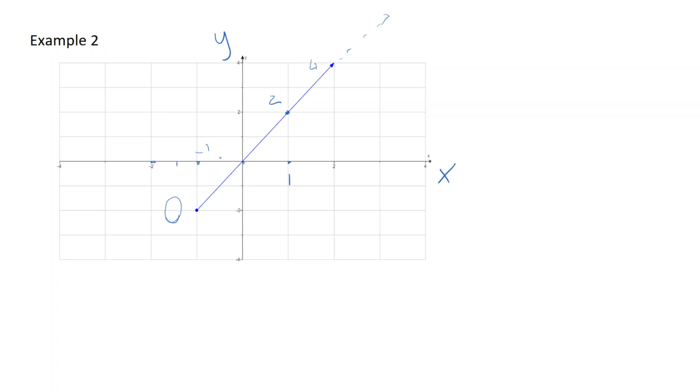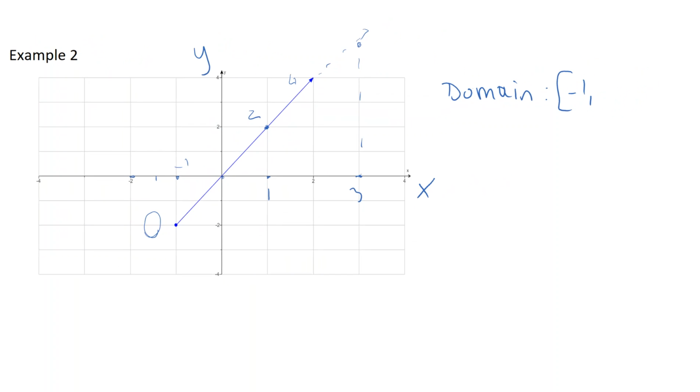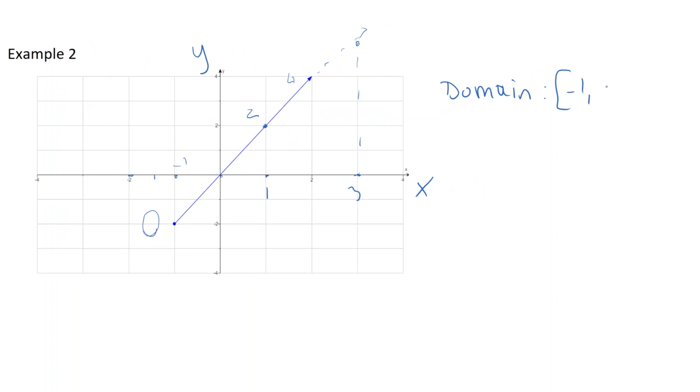So therefore the domain starts at -1 and it includes -1, and since the arrow indicates that it goes all the way, that means I'm going to have values for 3, values for 4, values for 100 and so forth. So it goes all the way to infinity, in parentheses.